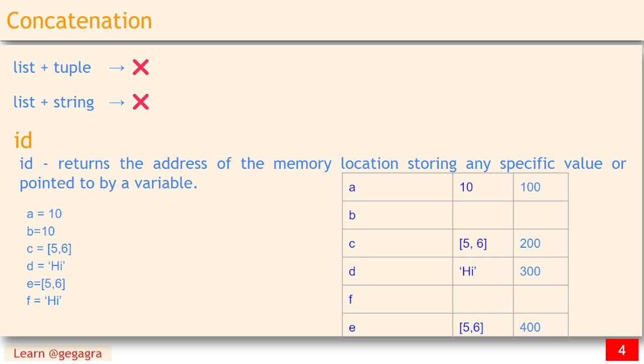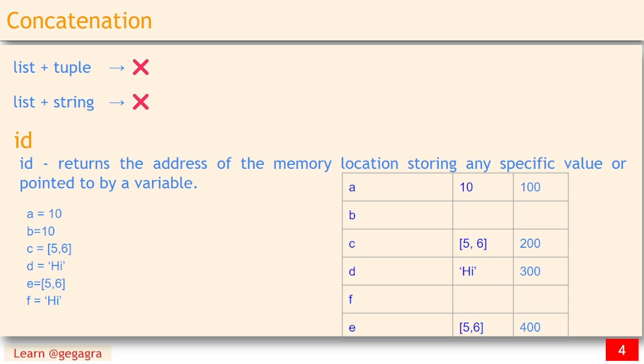Similarly, when we move ahead, 10 is immutable. Integer is an immutable object. When we talk about [5, 6], this is a list, which is not immutable.